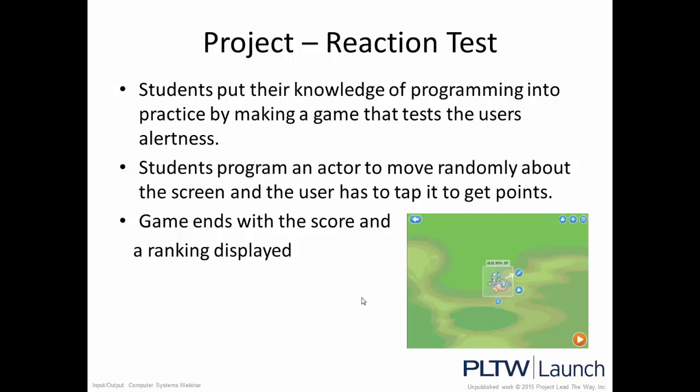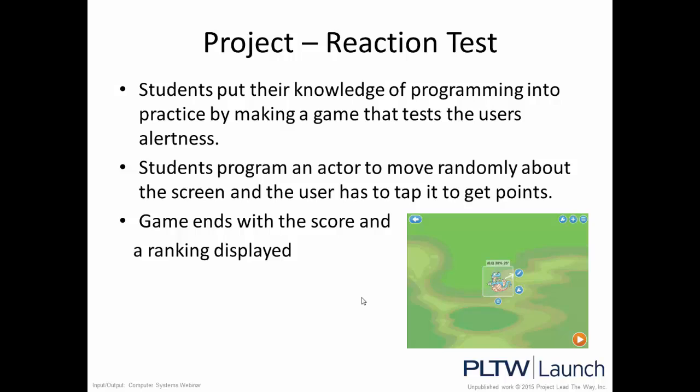In the project, which is called the reaction test, the task is to develop a game where an actor is randomly moving on the screen and the player has to tap on it with their finger. So again, it is a reaction test. It is concussion related. Everything is concussion related if you think about it.